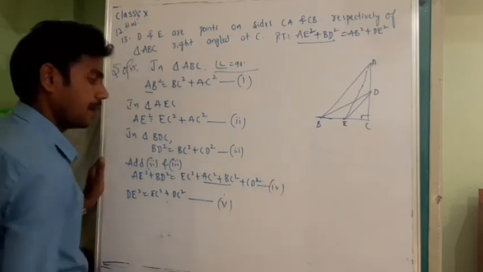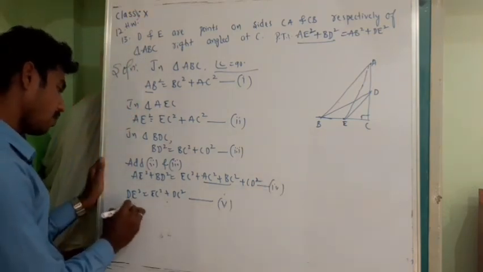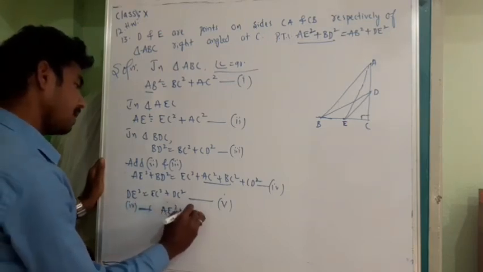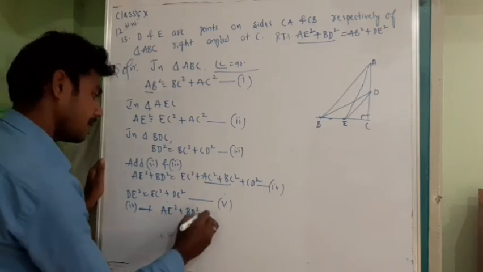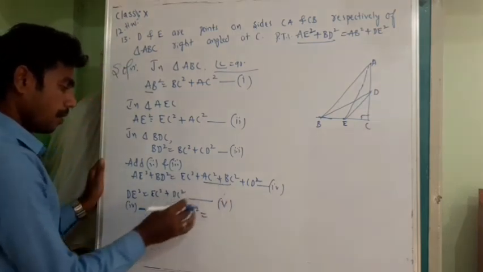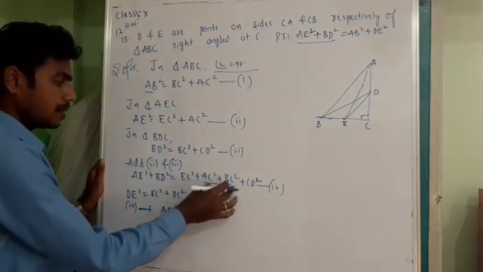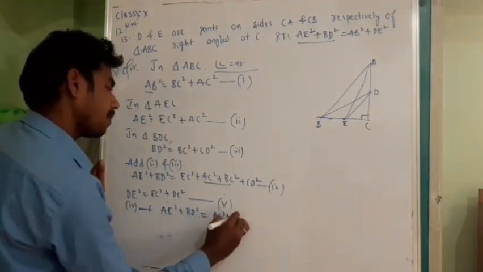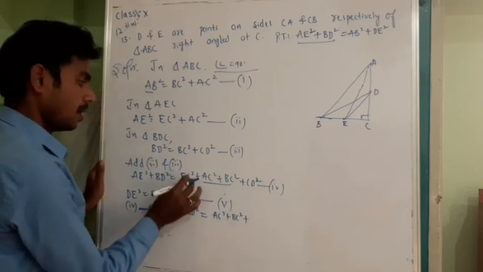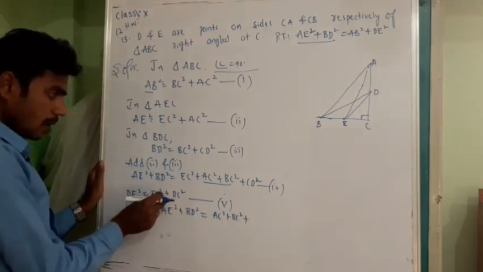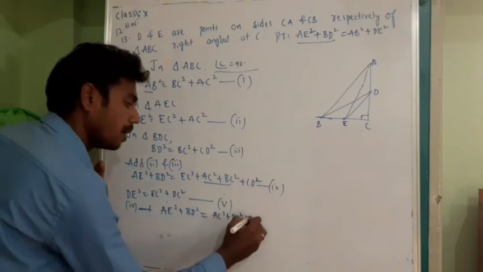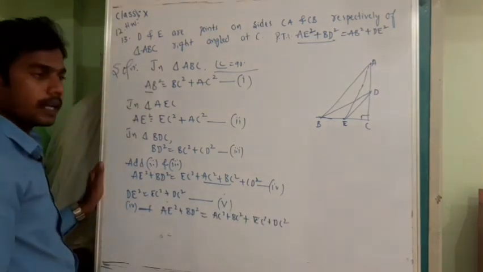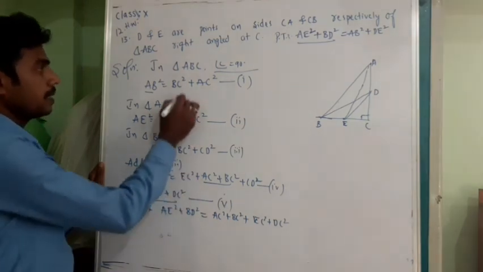Again I'll rewrite 4 as AE square plus BD square is equal to, I'll club this, AC square plus BC square, which I already have, plus EC square plus DC square.